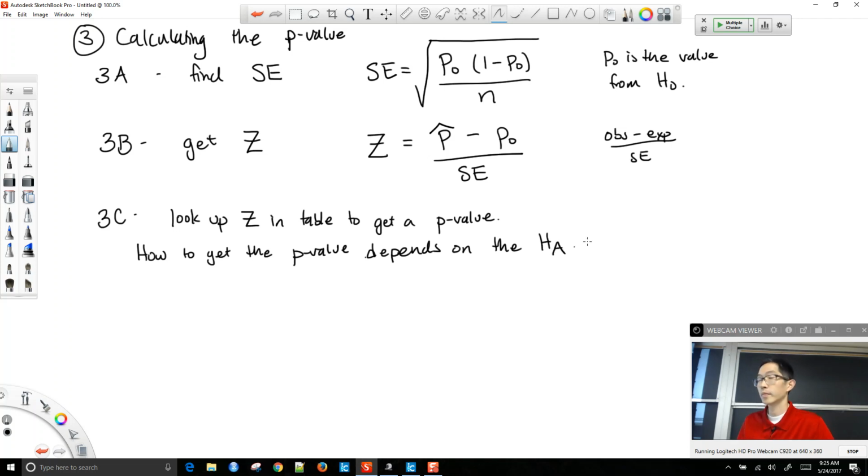Okay. So if the alternative hypothesis has a less than sign, then the p-value equals the area to the left of z.